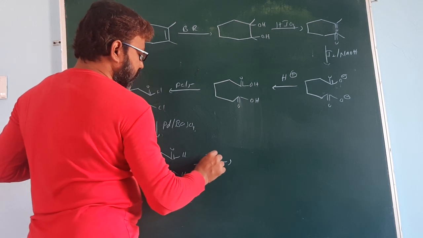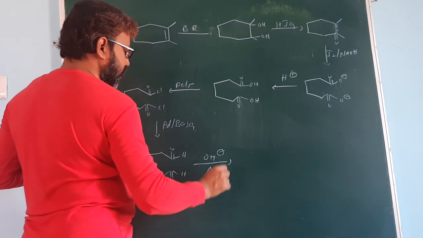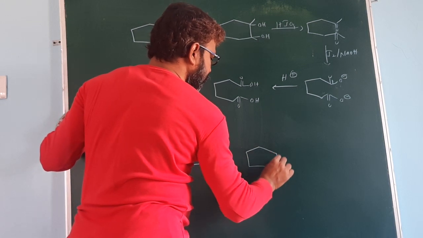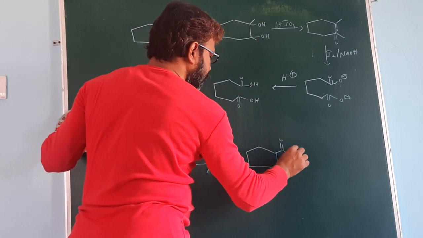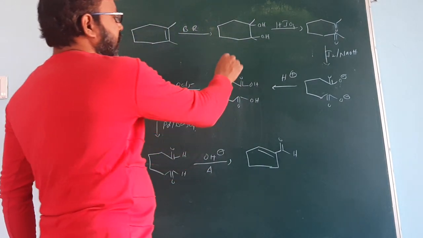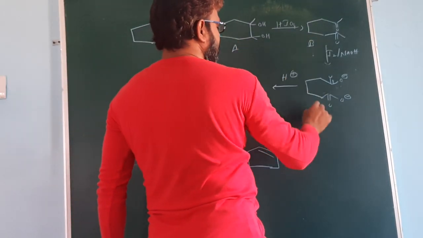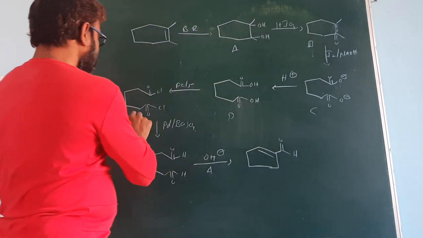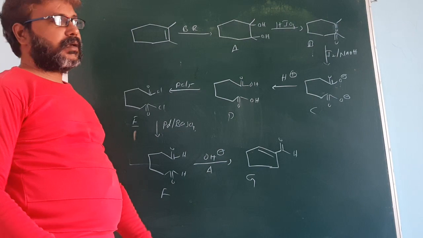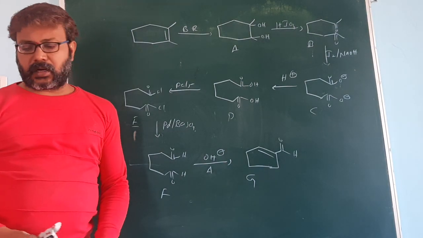It reacts with basic medium further on heating. You get this product. So this is A, B, C, D, E, F, G. So this is all condensed.